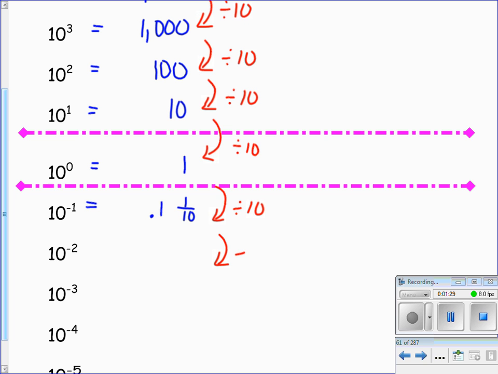I am now going to take that and divide it by 10. I would get 0.01 or 1/100th. And I could continue this pattern going all the way down, keep dividing by 10, and I would get 1/1000th, 1/10,000, 1/100,000. So we did this in class.